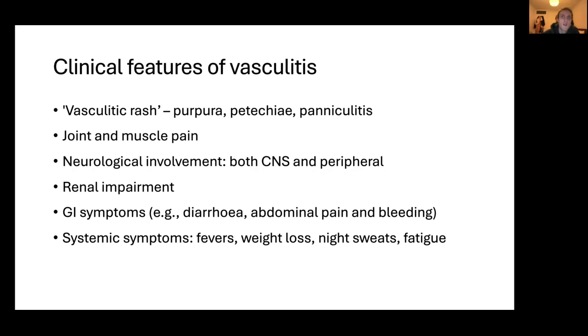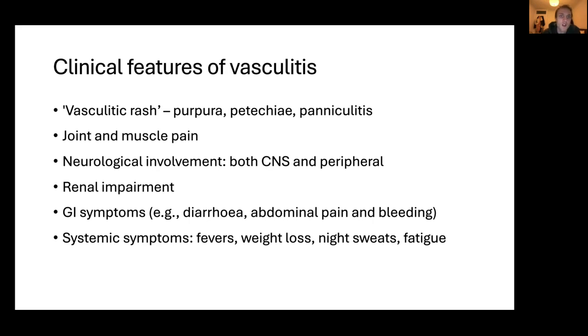So the difference is actually purely based on size. If anyone's done their dermatology placement and they know the difference between, for example, a macule and a patch, a purpura tends to be a larger area of blood-coloured discoloration caused by vessel damage and inflammation, whereas petechiae are smaller.